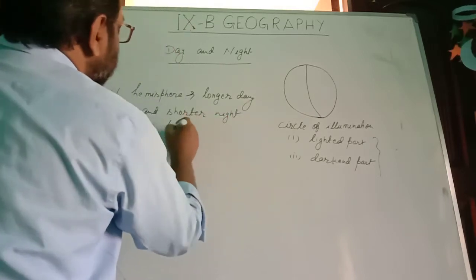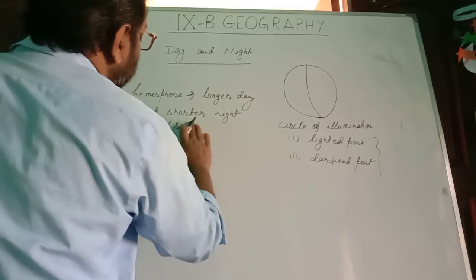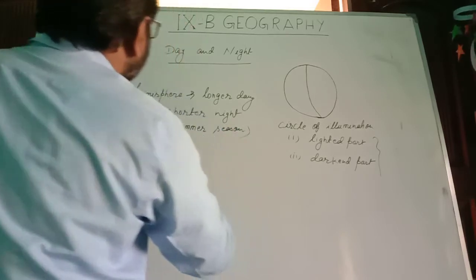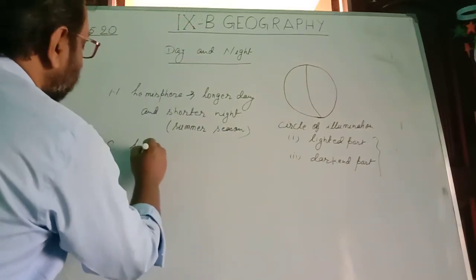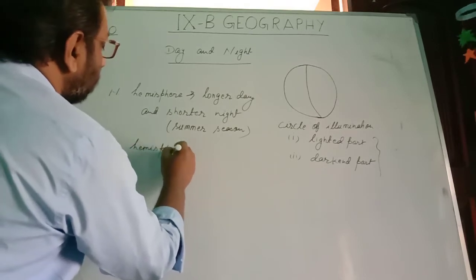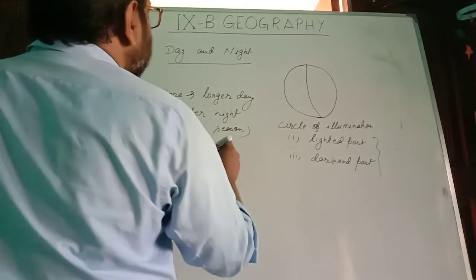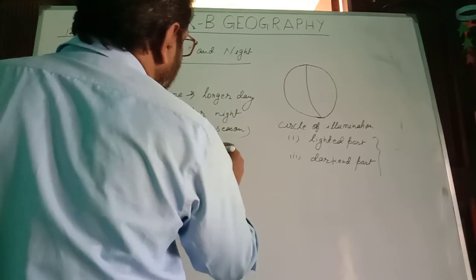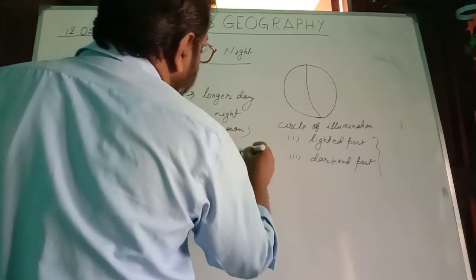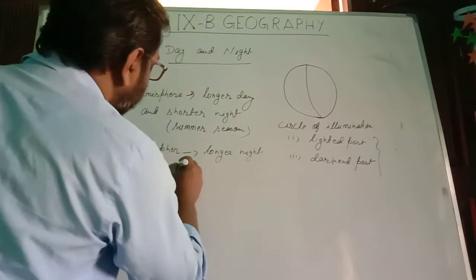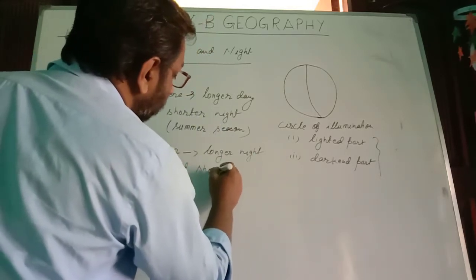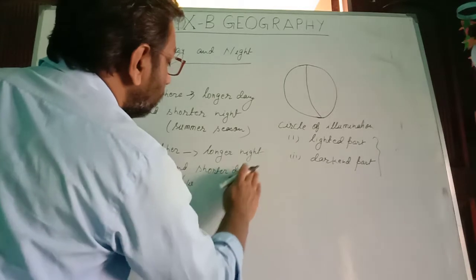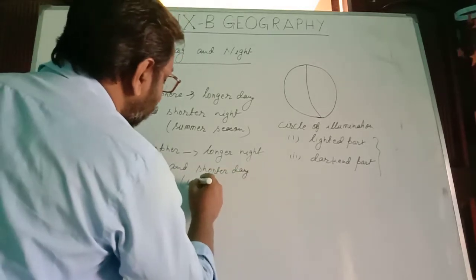It happens in summer season, and in the southern hemisphere there is a longer night and shorter day in winter season.